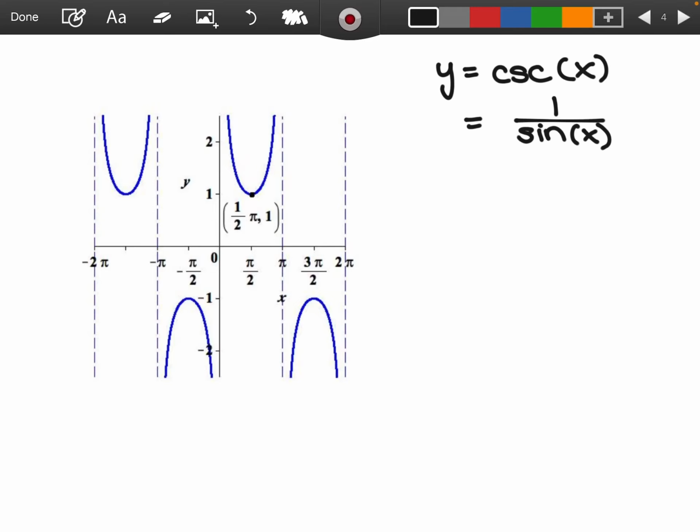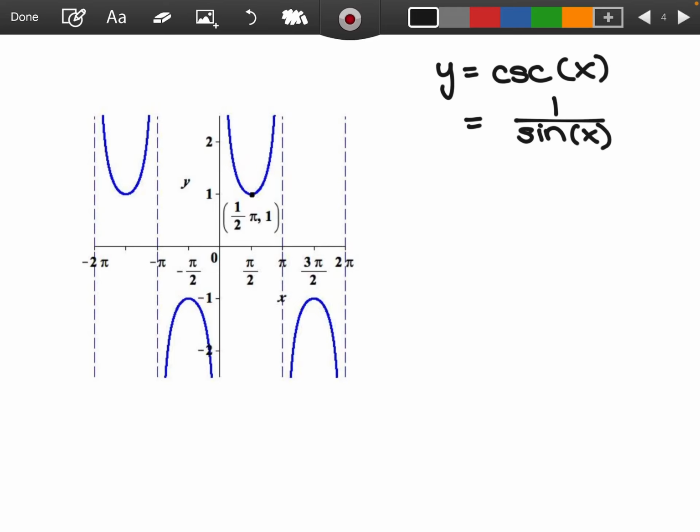So I do have some asymptotes here. Obviously, I will have an asymptote at any angle such that sine of that angle is 0, because I then get 1 divided by 0, which is undefined. So any angle that makes sine of that angle 0 is going to give me an asymptote. We see this here.